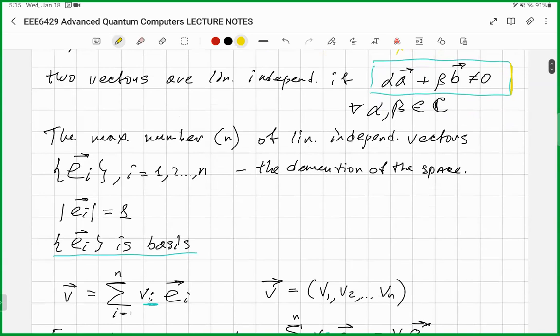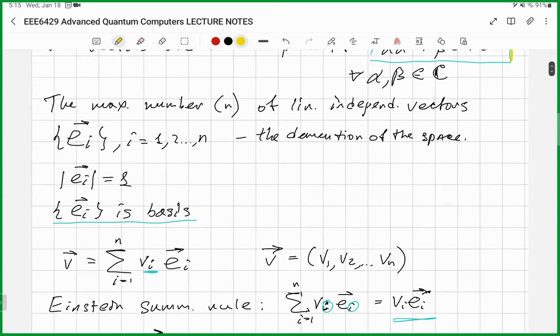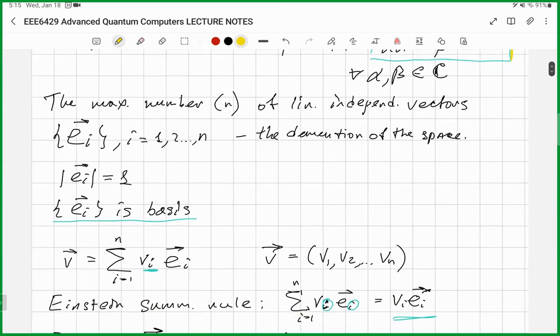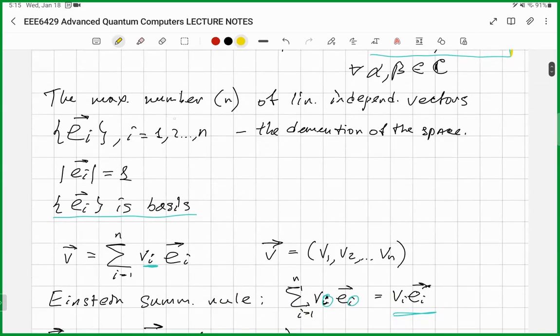That's why we introduced this concept of linear independency. Very good. So then the number of linearly independent vectors, n, is the dimension of our space.